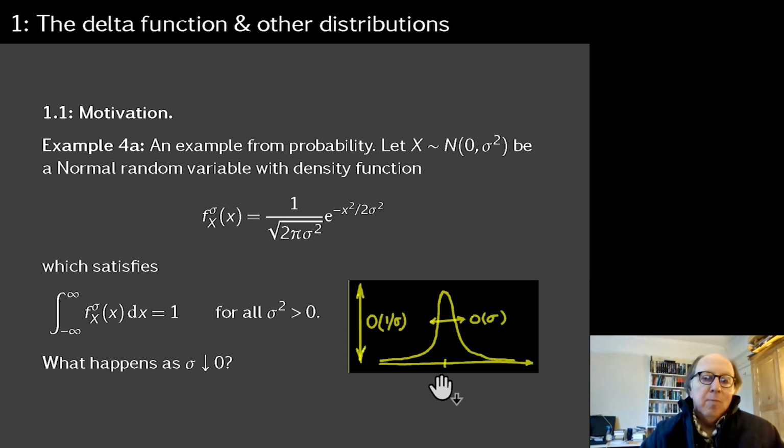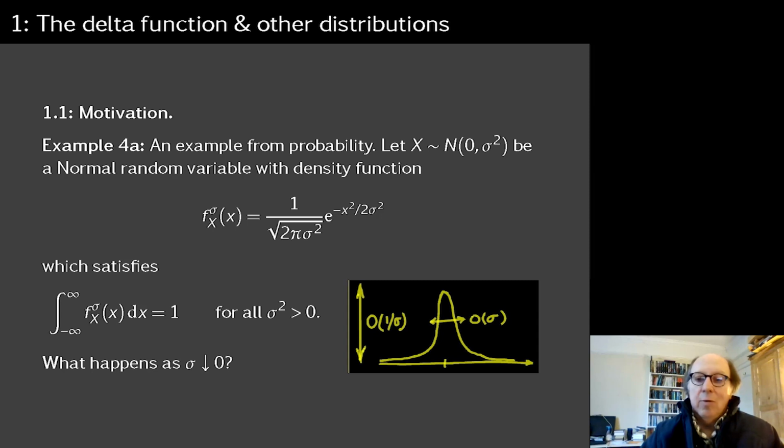And the important features of this are that when you graph this distribution, the famous bell curve, the width of it is of order sigma. That is to say, if you go a couple of standard deviations, 1.96 standard deviations either side of the mean, you capture 95% of the probability.